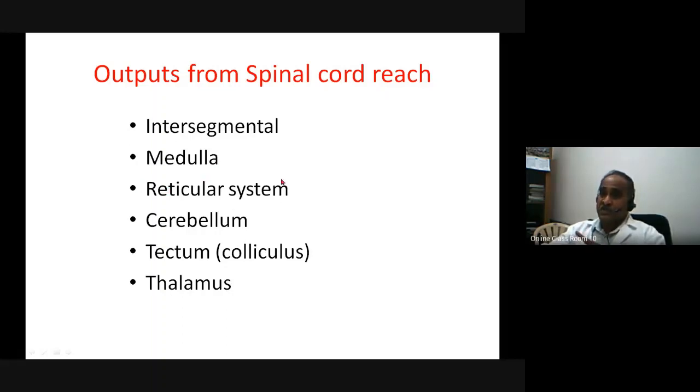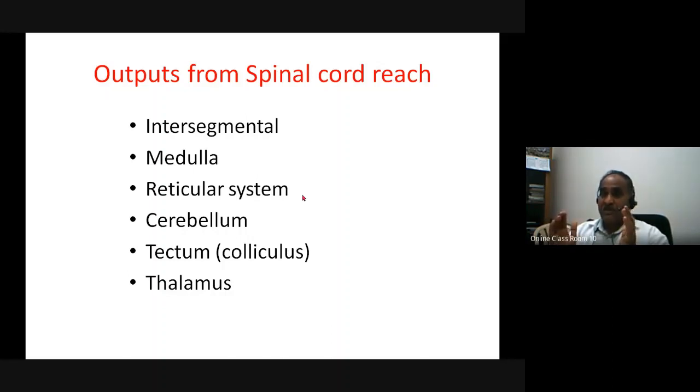Then the reticular system. The reticular system comprises a network of neurons within the brainstem, that is the medulla, pons and midbrain, that forms the brainstem.